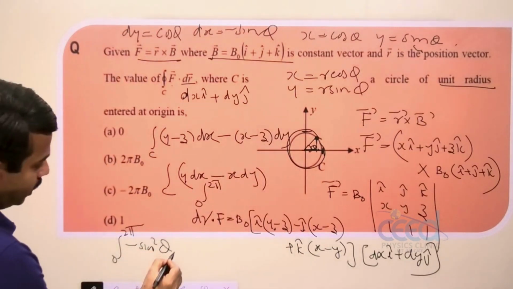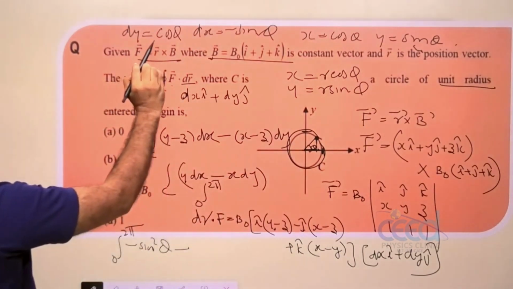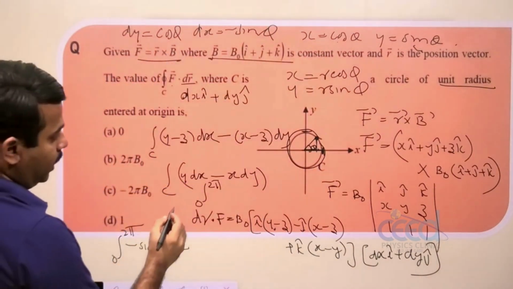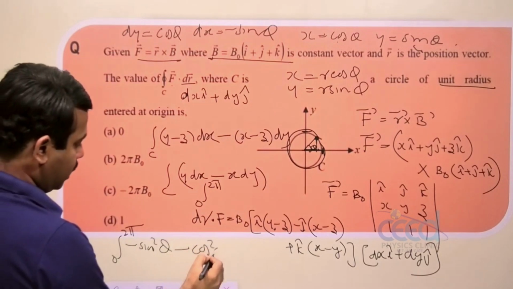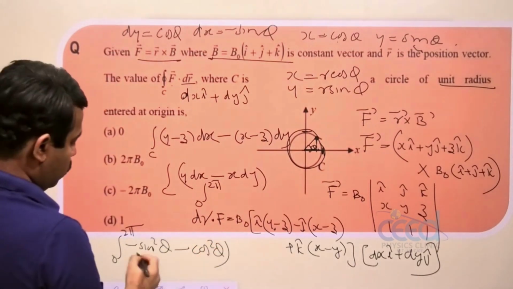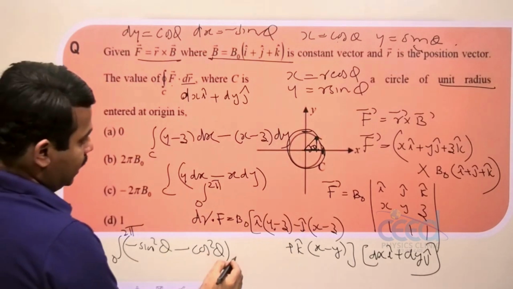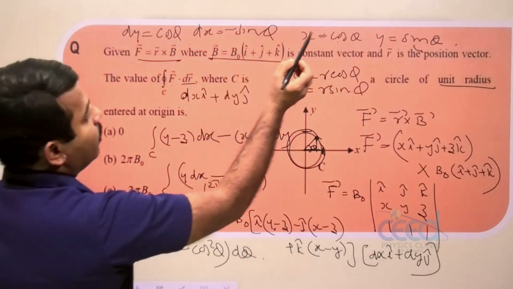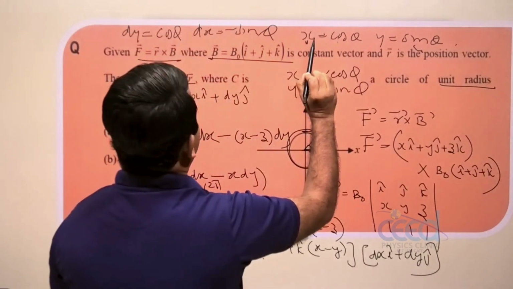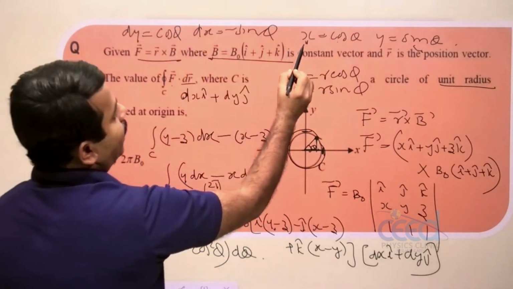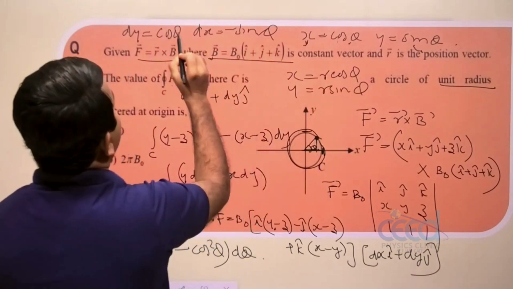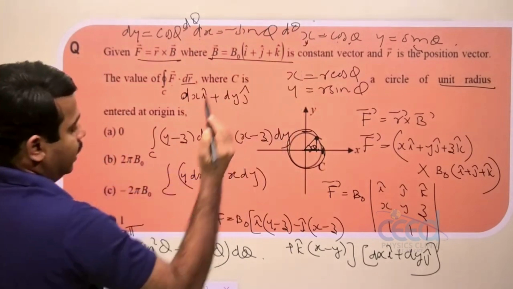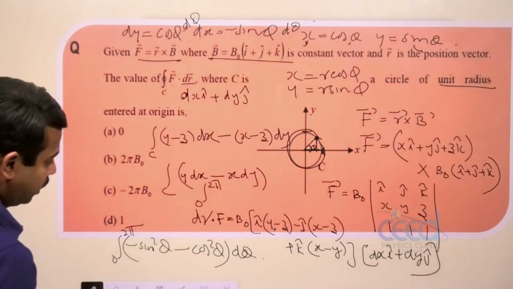Minus x is cos theta, and dy is cos theta, then minus cos square theta into d theta, because when we find dx by d theta, that is cos theta, then dy is cos theta d theta, dx is minus sin theta d theta, then that d theta comes here, right?